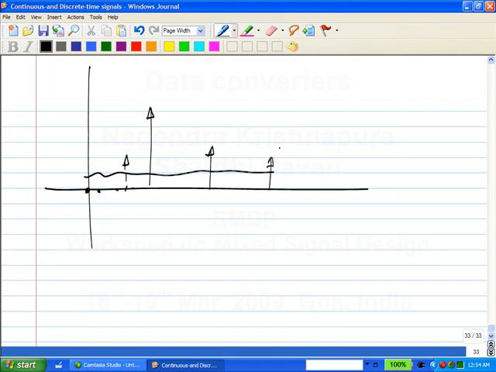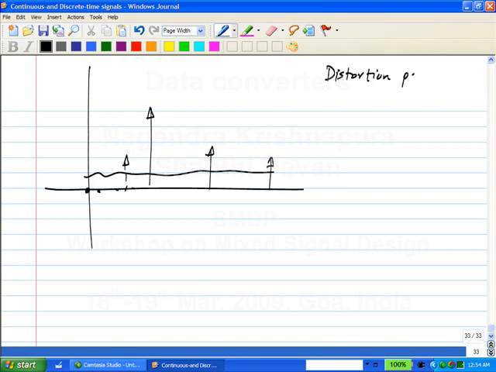Now what does it mean? Just like you do for an amplifier, first of all, there are distortion parameters. Typically the second and third harmonic are most important.